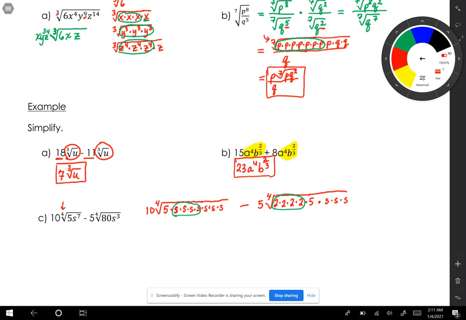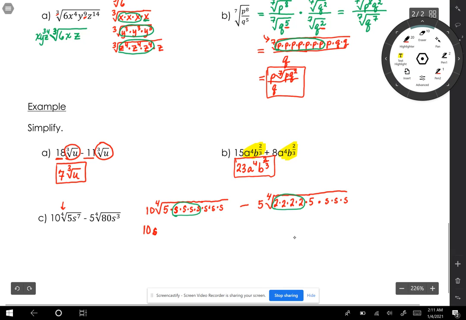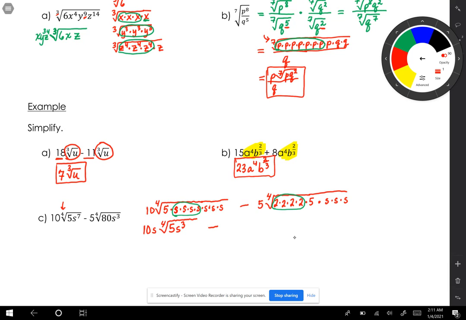So anything that's 4 of a kind goes outside and joins the 10. And then anything that you can't take with you outside stays inside. So the 5 stays, and then s to the 3rd stays. Minus, for the second one, the 2 joins the 5, so 5 times 2. And what stays inside is 5s to the 3rd.